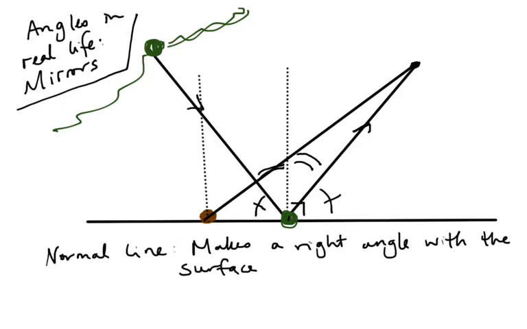Draw in this line to the point and have our other line coming in at the same angle. So again, this angle here should be equal to this angle here. Maybe I'll make it with 2 marks. So the angle of the incoming ray of light and the outgoing ray of light, they should make the same angle with the normal line.